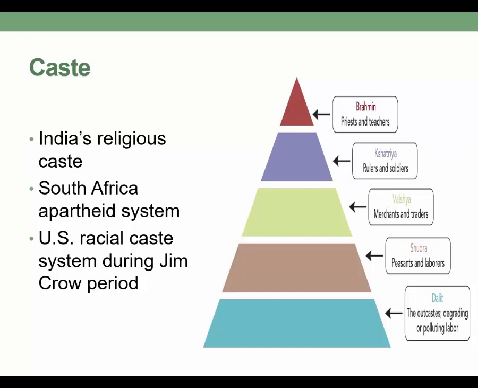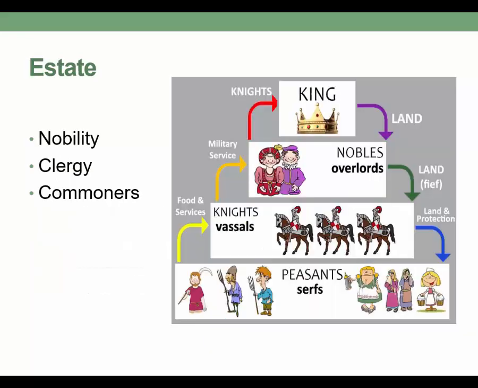And so the South African apartheid system, the U.S. racial caste system during Jim Crow, and India's religious caste system are all examples of the largely closed caste stratification system.